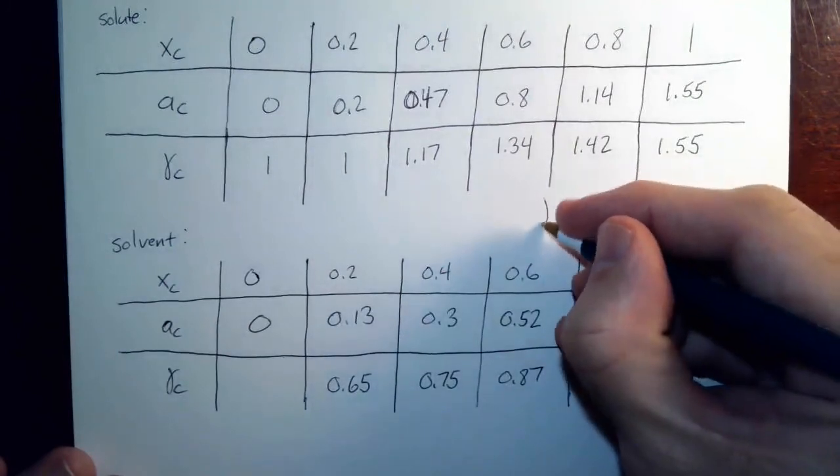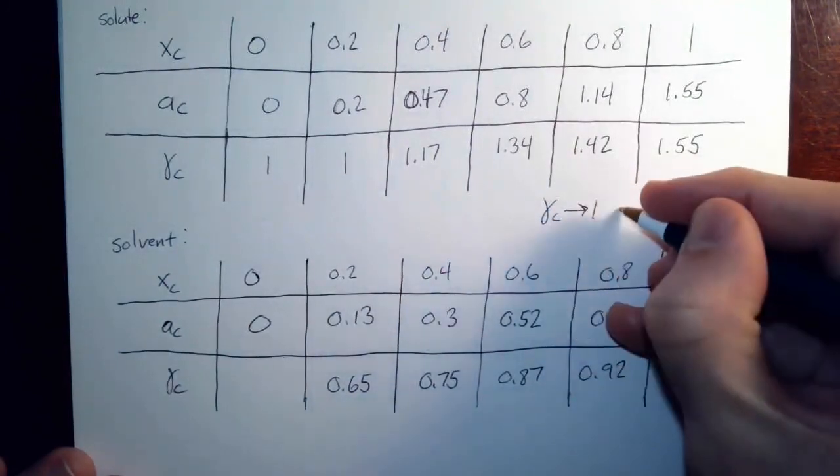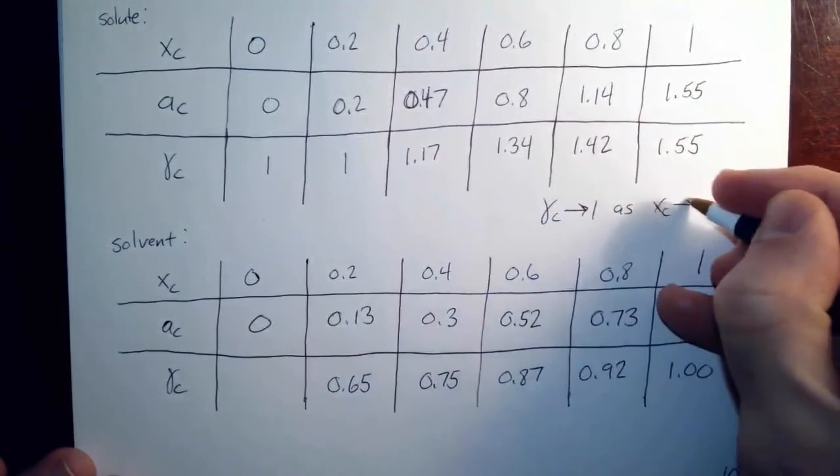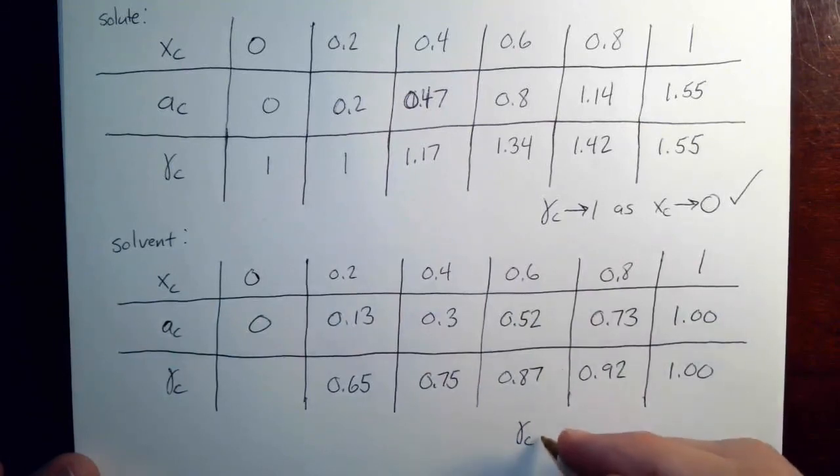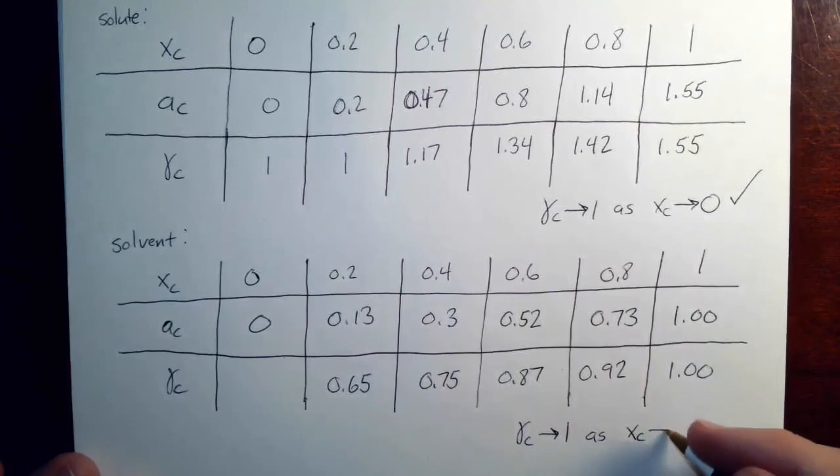So gamma c approached 1 as xc approached 0, which is what we were expecting. For the solvent case, we were expecting gamma c to approach 1 as xc approached 1. And we see that that was the case as well. Gamma c is approaching 1 as xc is approaching 1, which is what we expected for the case of solvent.